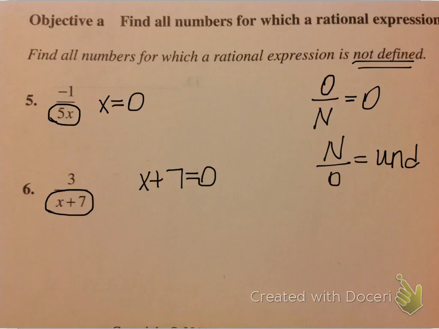So just take your denominator, set it equal to 0, and solve your little mini equation. And that is going to give you the value for which this rational expression would be undefined. So some of them you can look and tell. If it's x plus 7, oh, well, minus 7 creates a 0. But if you're not sure, just take your denominator, set it equal to 0, and solve.